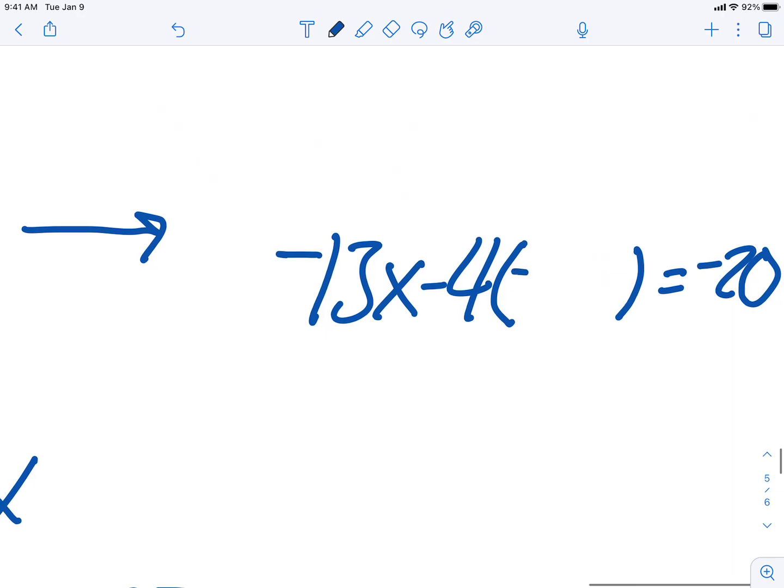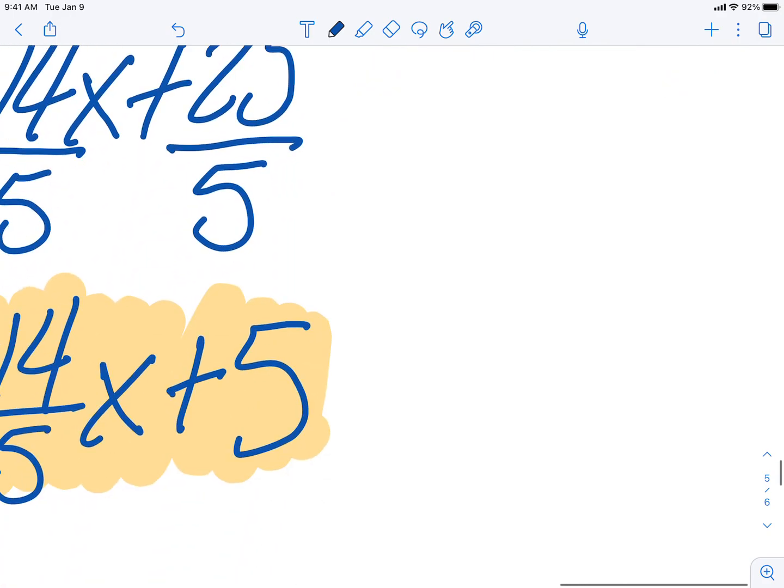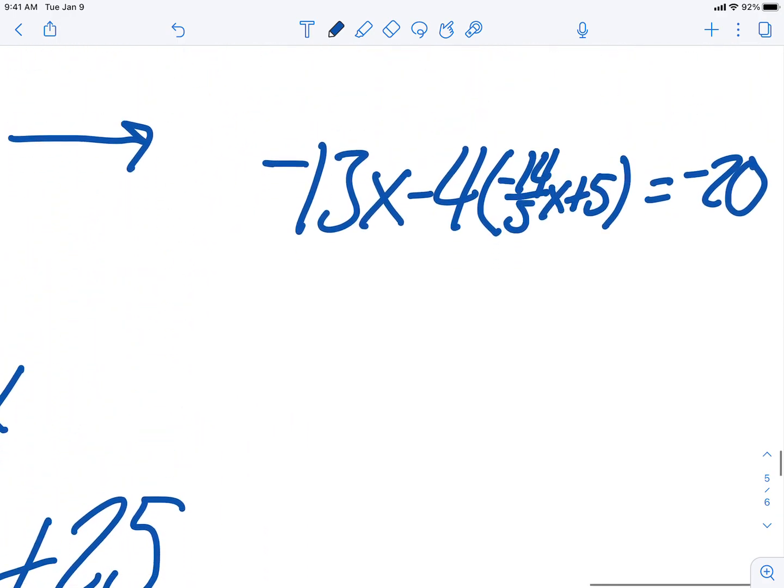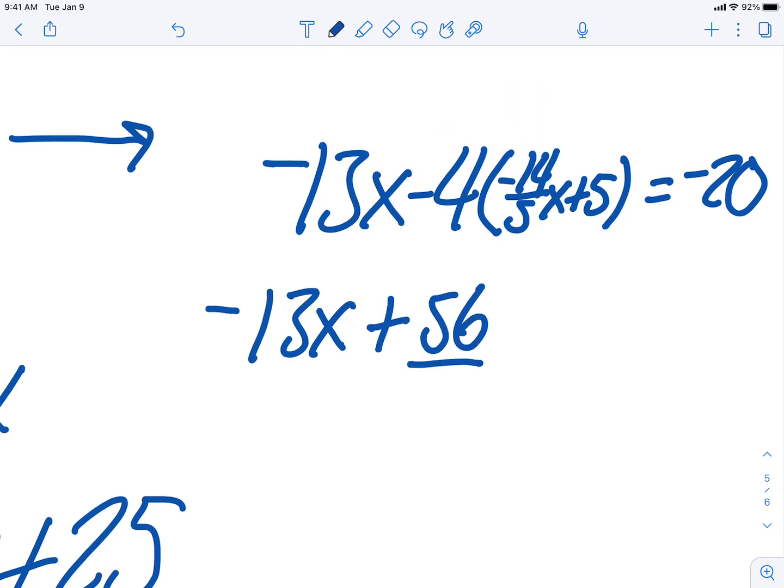Negative 14 over 5x plus 5. So I have negative 13x, okay? Negative 4 times negative 14 is a positive 56 over 5x.